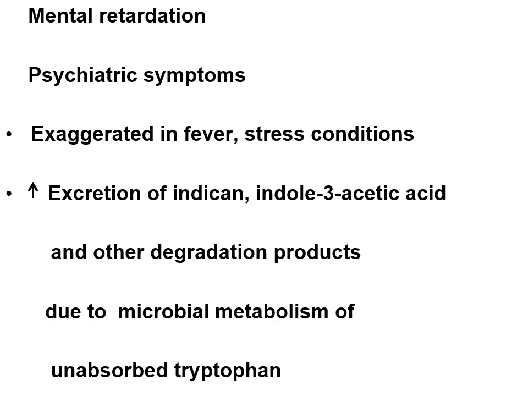Mental retardation and psychiatric symptoms could be seen, and this gets exaggerated in fever and stress conditions. So there will be increased excretion of indican, indole 3 acetic acid and other degradation products due to microbial metabolism of this unabsorbed tryptophan.